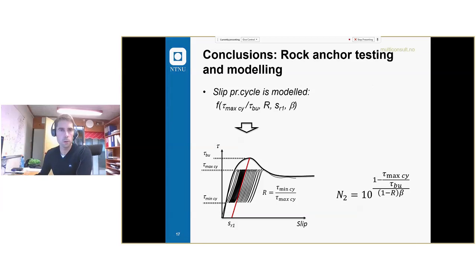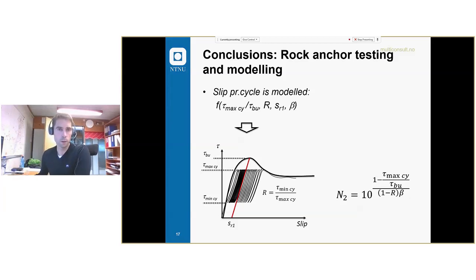So on this work, on the conclusions on rock anchor modeling, we have modeled the slip per cycle as a function of the cyclic load level. The R, which is the ratio between minimum cyclic load and maximum cyclic load, or shear stress.